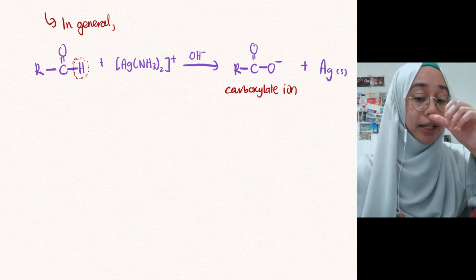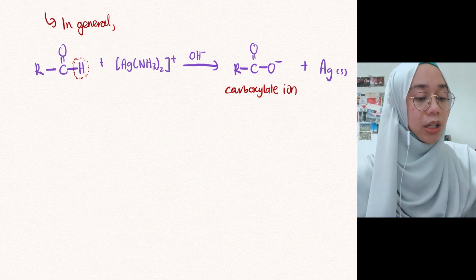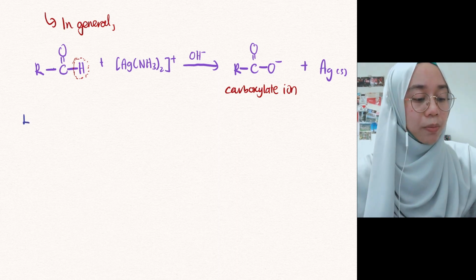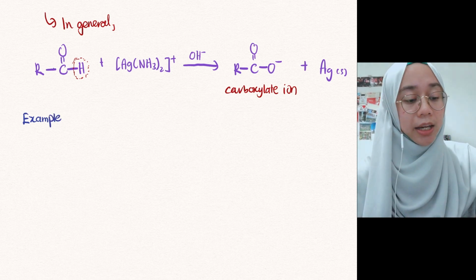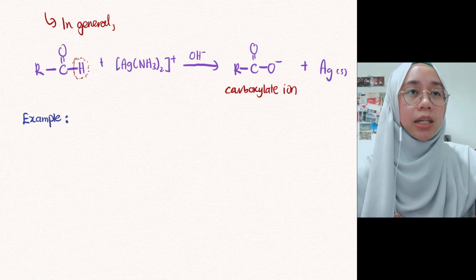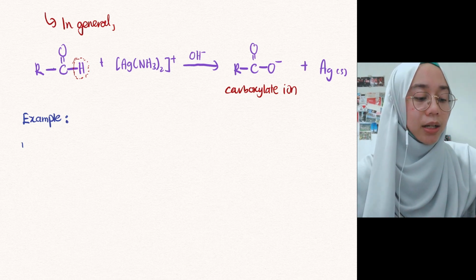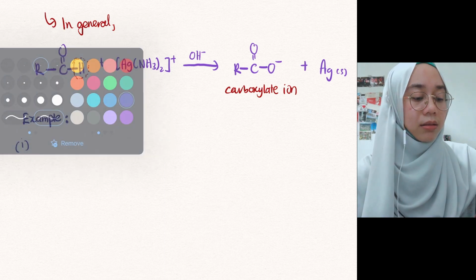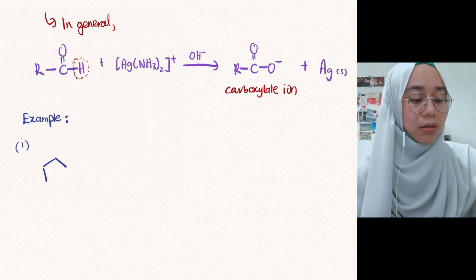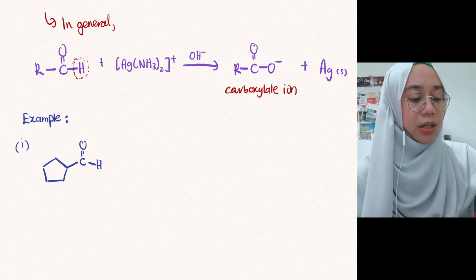Okay, jadi sekarang ni kita tengok example. Okay, so kalau kita tengok example, so Miss bagi satu aldehyde, satu keton lah. So example, so let's say first one, kita ada this particular aldehyde. Okay, so this is an aldehyde.